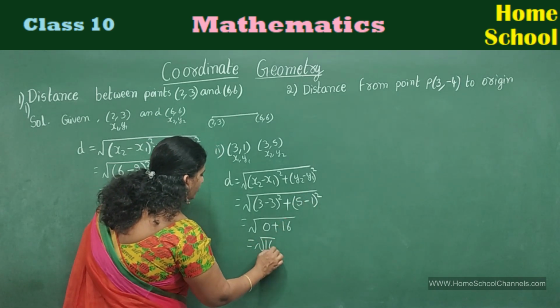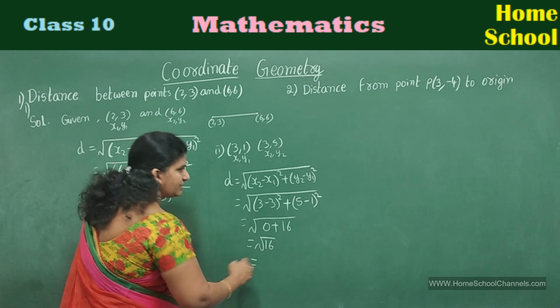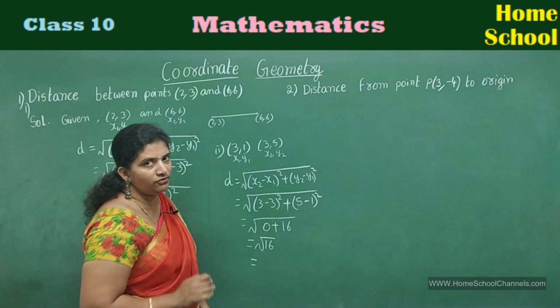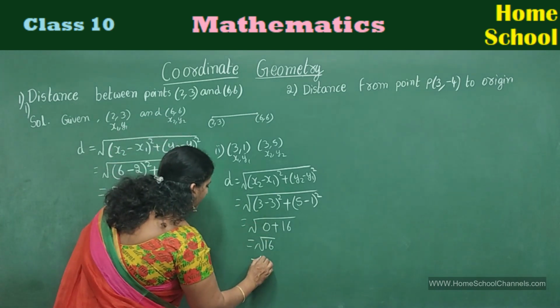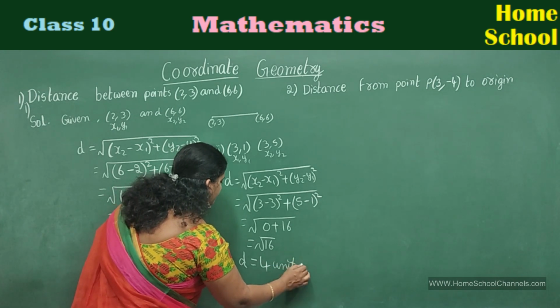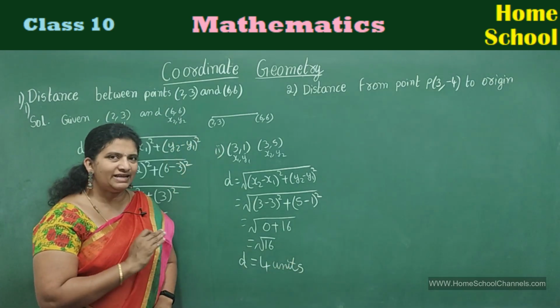That will be square root of 16, which is a perfect square. The square and square root will cancel, or directly you can write d is equal to 4 units. That's it. Very simple problem.